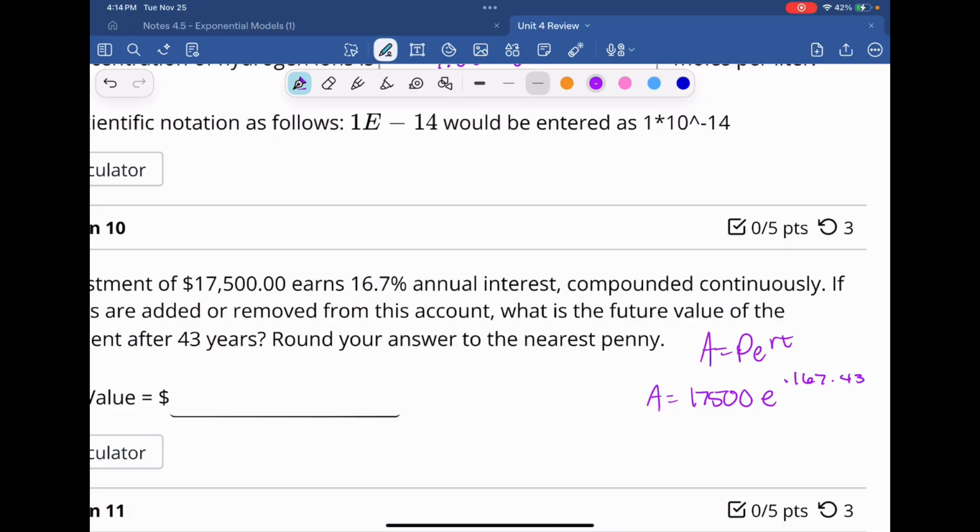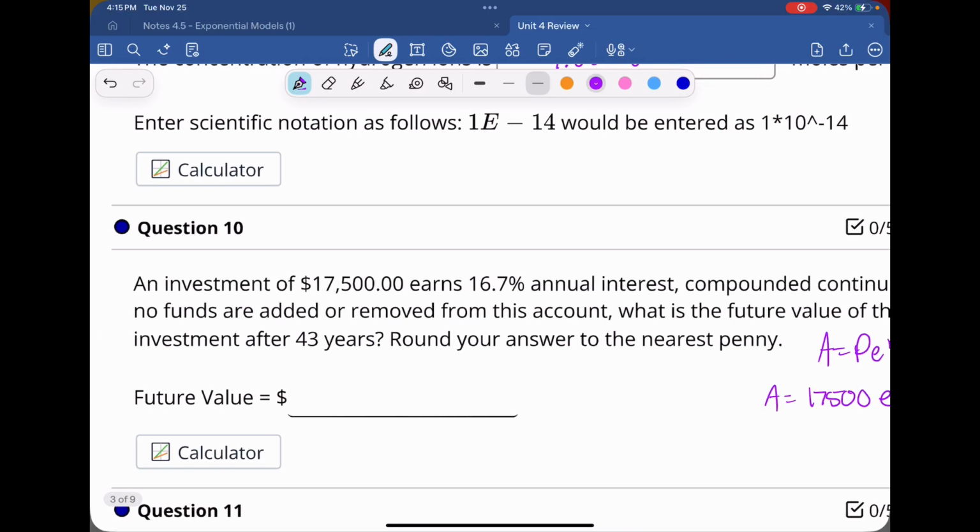So I'm typing it in my calculator. And let's see, to the nearest penny is 2 decimal places. It's a lot of money.